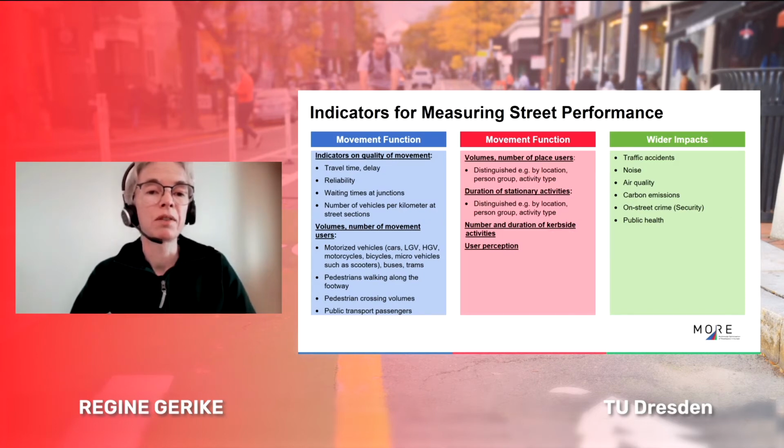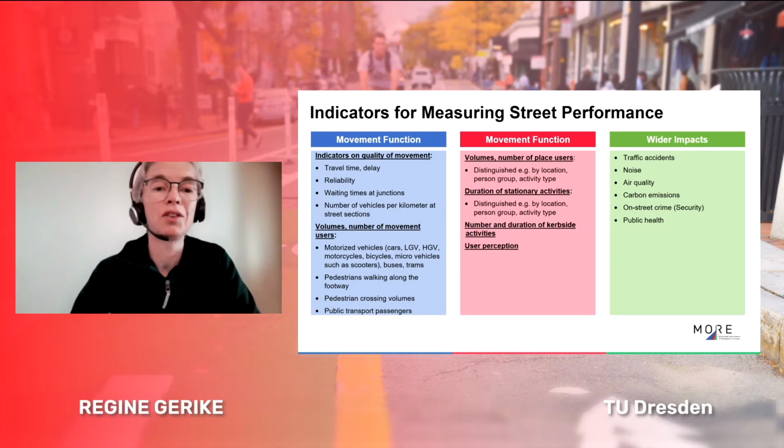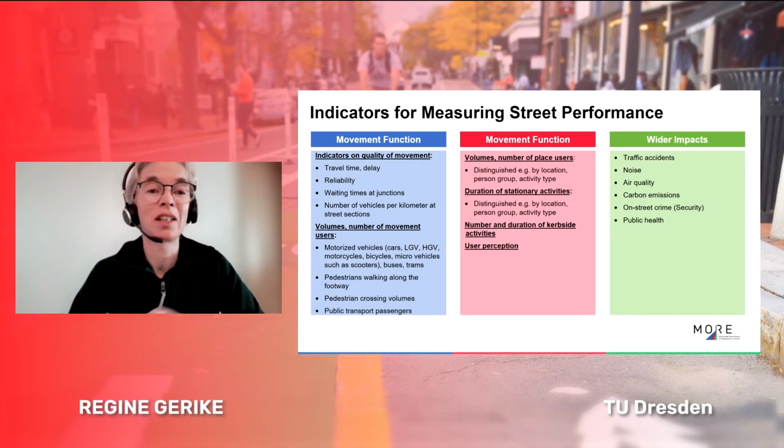And then for the place function, we have identified the indicators, just again, the volumes and then the duration of stationary activities. So you see how different the target functions are. So in the place function, in the red pillar, we want to see the people stay for a long time. In the blue pillar, we talk about travel times, low travel times, high speeds, low delays, high reliability.